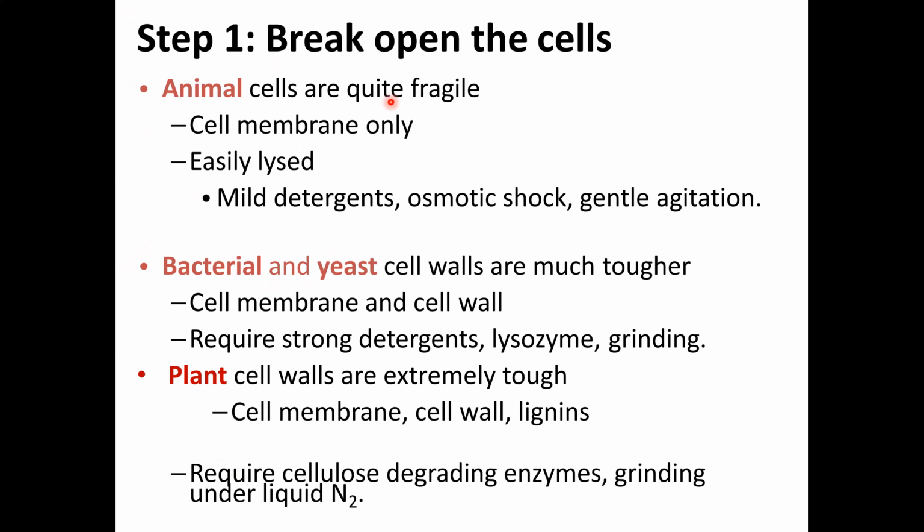For the animal cells, since they are quite fragile, the cell membrane can easily be broken and is prone to fast lysis. So you could use mild detergents, osmotic shock, and perform a gentle agitation.